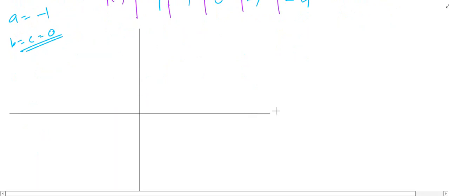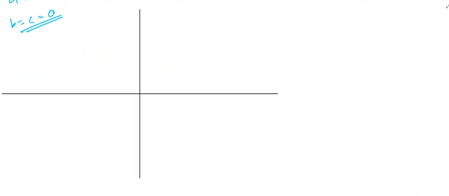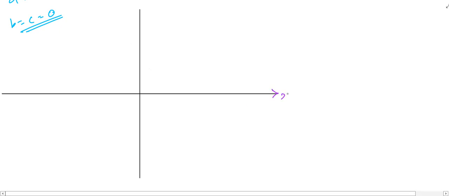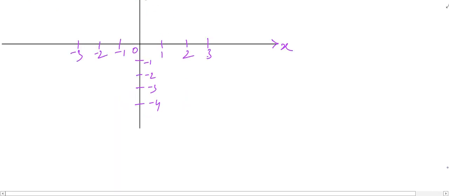So again, let us announce these two axes as x and y, with the points 0, 1, 2, 3, -1, -2 and -3, and on the other axis -1, -2, -3, -4. We won't be needing the upward y, so I'm not going to write the numbers there.